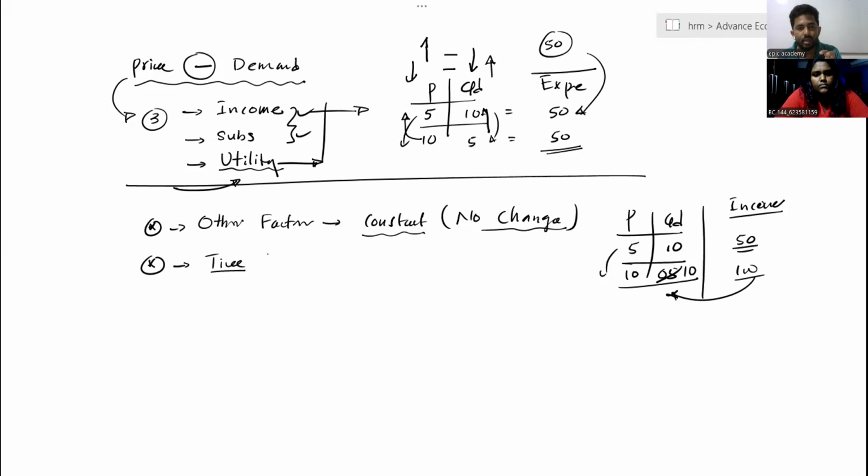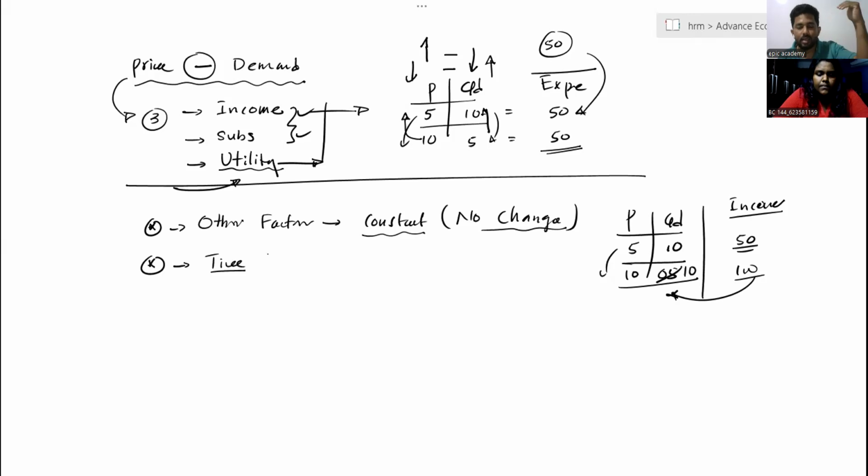So now you can identify the meaning of income effect. Let's try to identify. Within a certain time period, for one particular commodity, the factors which affect the demand, except price, are constant.